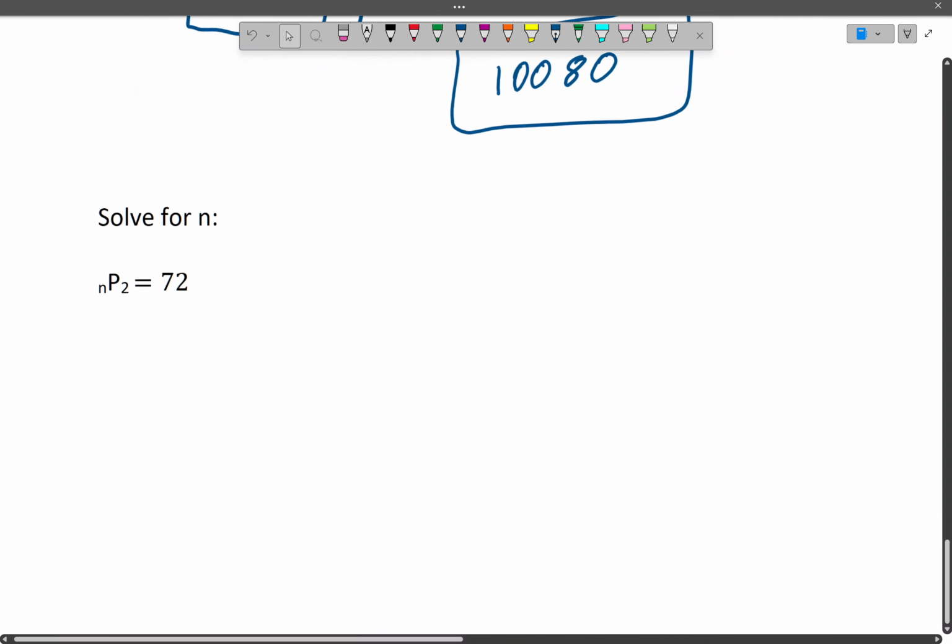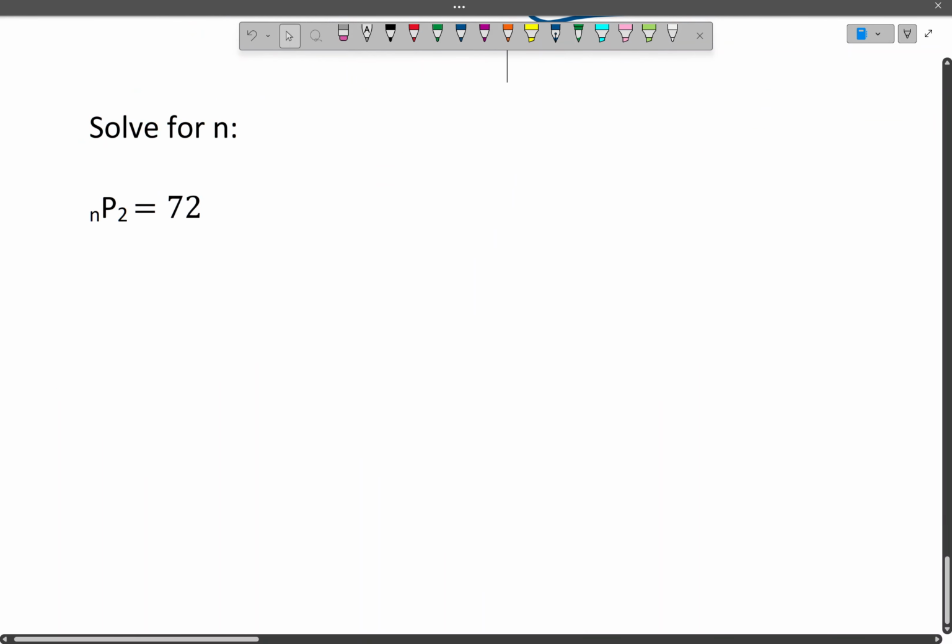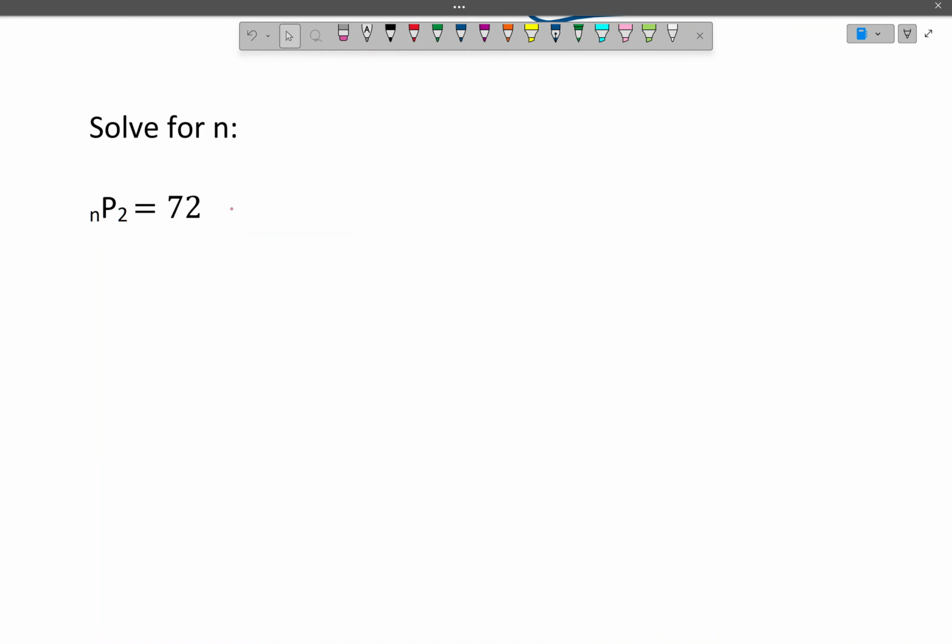Okay, last question for the video for this topic. Solve for n. So this question just has a general perm. And so what we need to do is build this out. So it looks like this. And now we have to simplify the perm.